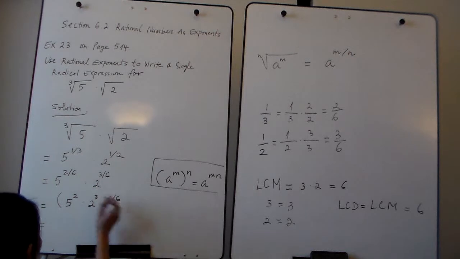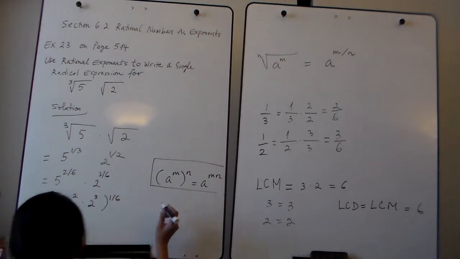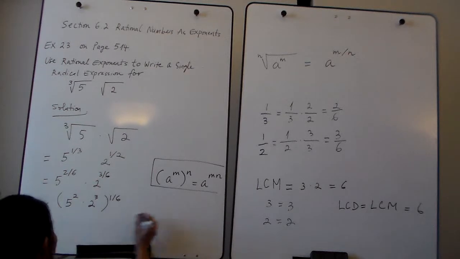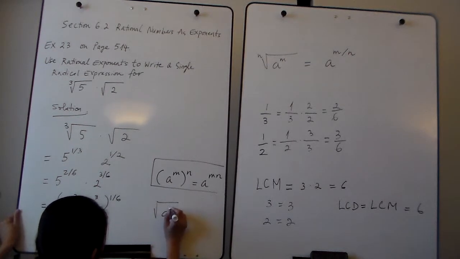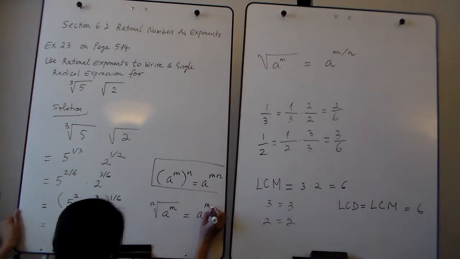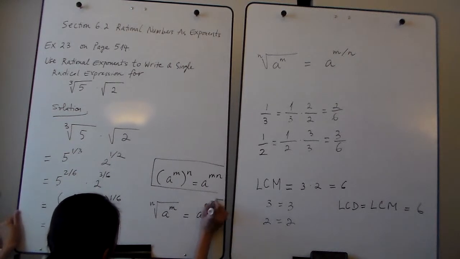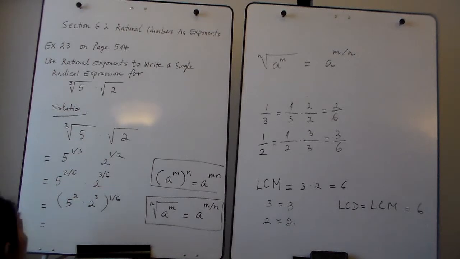Now, once we have this, we can use the formula that says A^(m/n) is equal to the n-th root of A to the m. This is the radical formula we learned before.